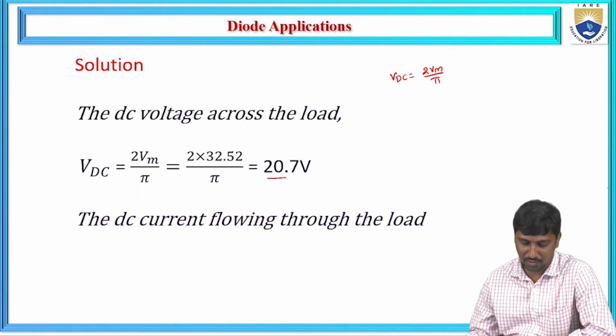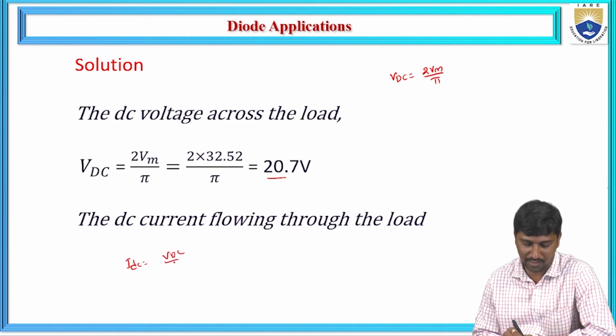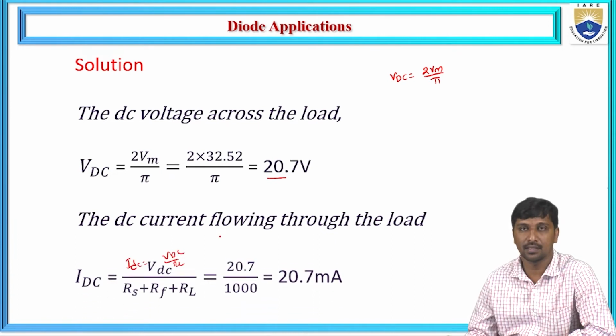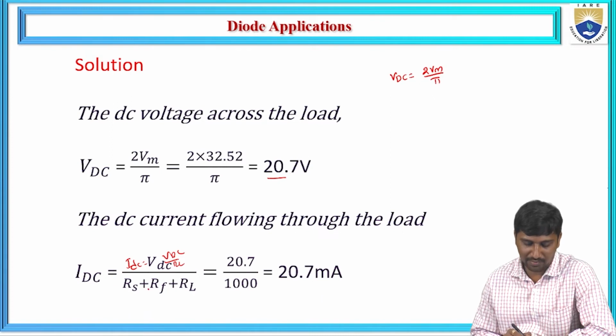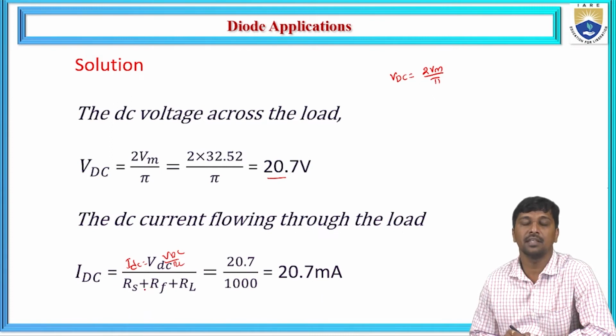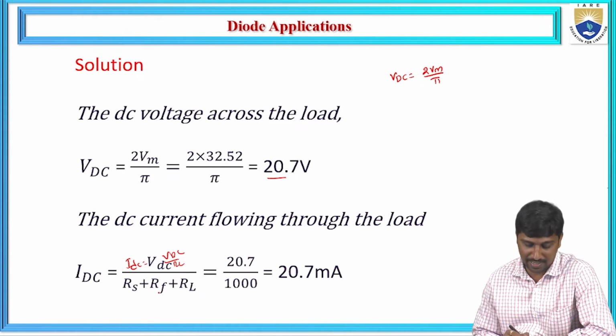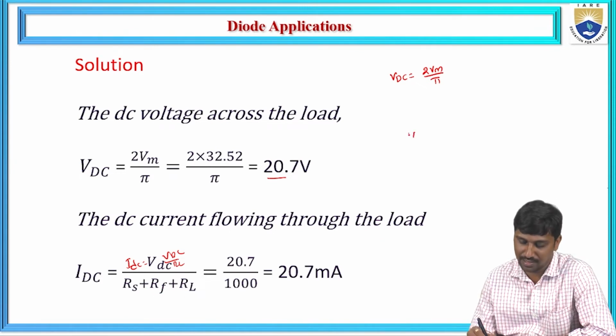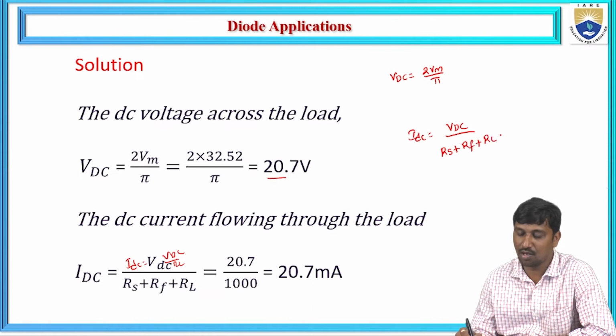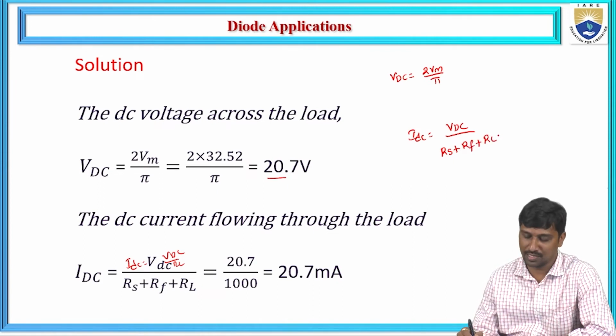Then again we need to find the DC current. Generally we know that IDC is equal to VDC by RL. But here we need to consider the diode resistance as well as the transformer secondary resistance. Hence IDC is represented as VDC by the total resistance, that is the transformer secondary resistance and diode forward resistance along with the load resistance.